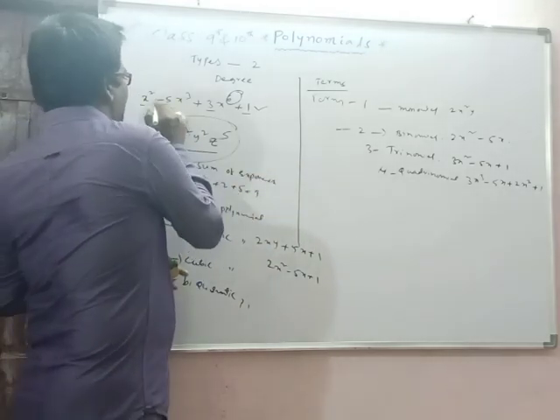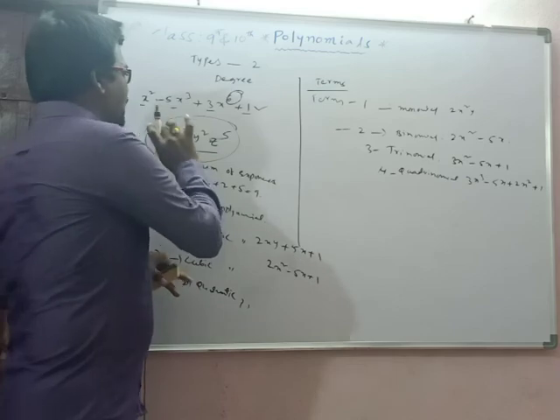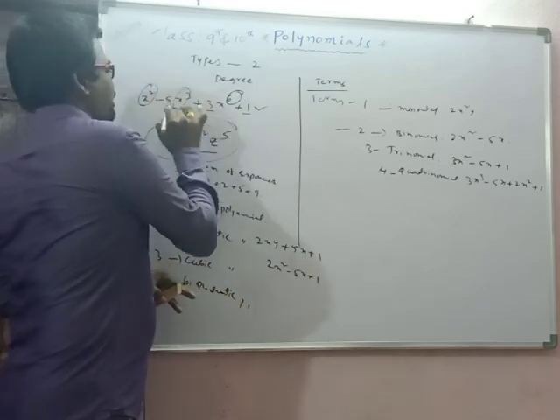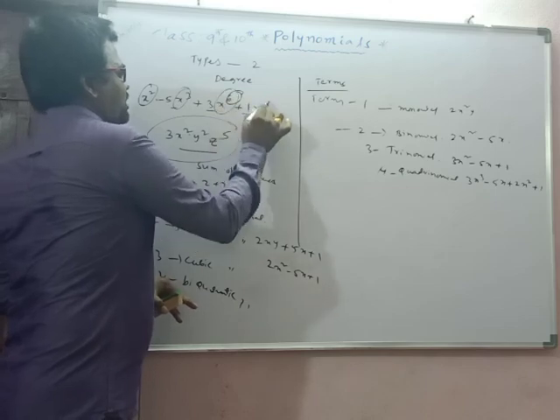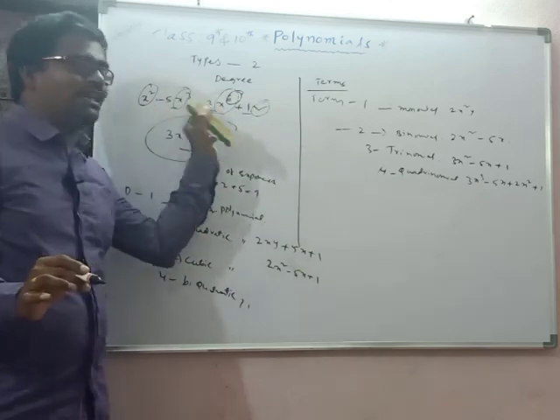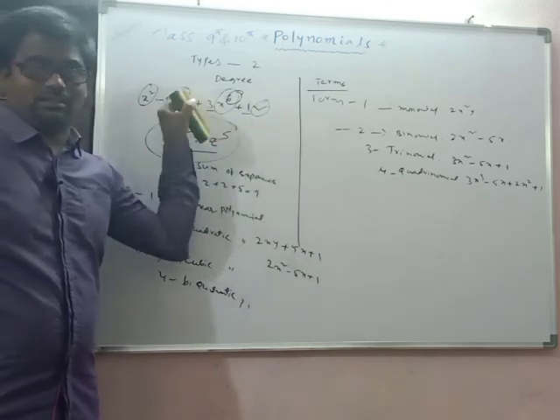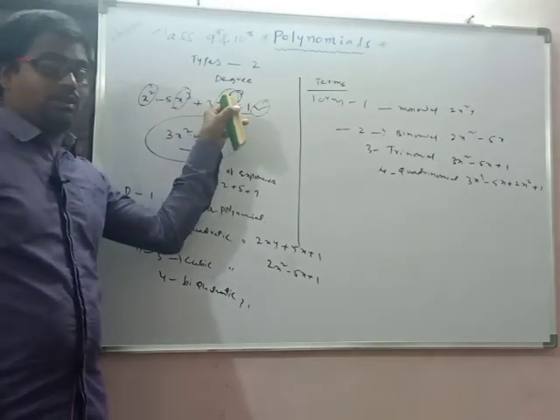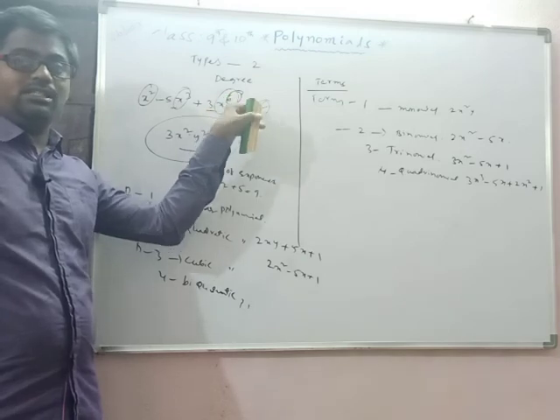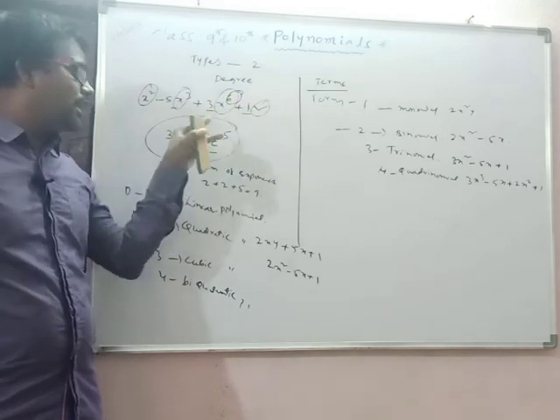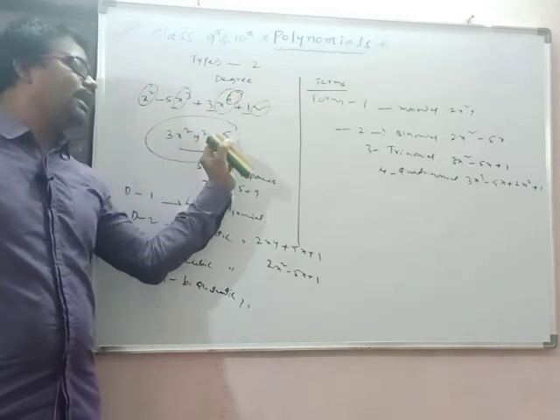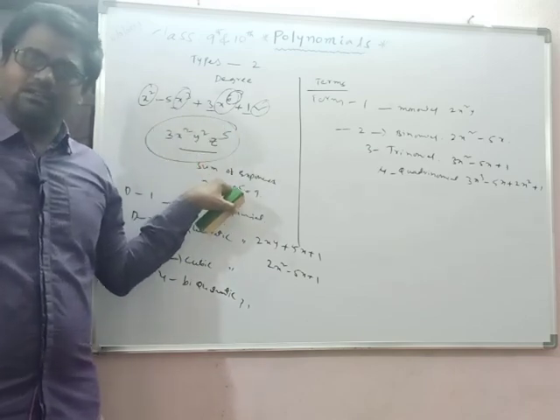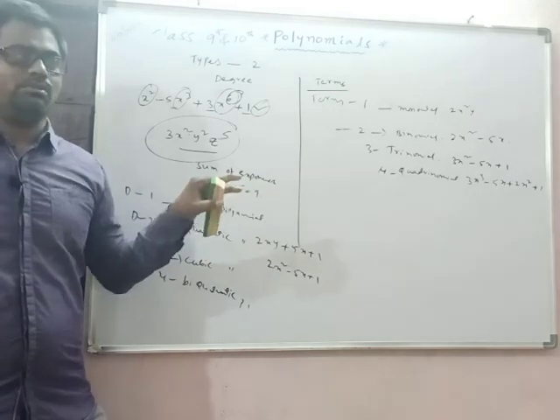But here in between minus and plus will be there, so we cannot add, because this term has 2, this term has 3, this term has 6, this term has 0. So in this we cannot decide which is the degree. That's why the highest exponent of variable in a polynomial is the degree of the polynomial. Here there is only one term, so we can add: the sum of exponents of variable in a monomial is the degree of the monomial.